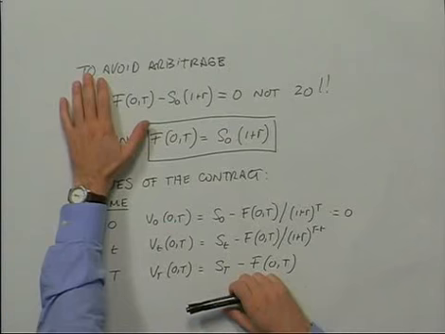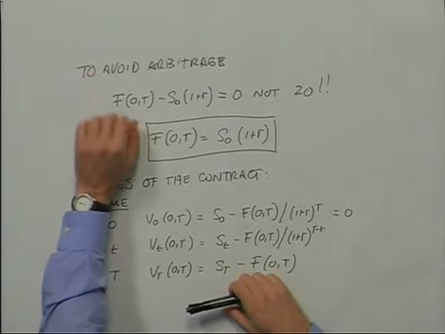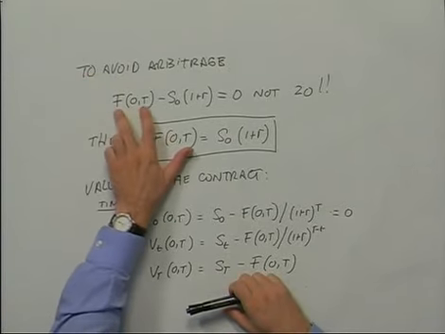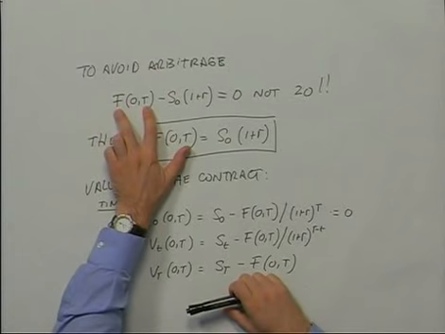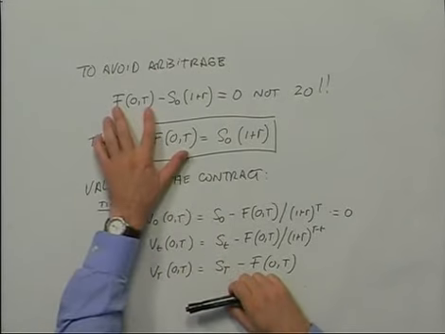So based on the previous analysis, what would be the forward price such that the cash flows at the expiration of this forward contract would be equal to 0?